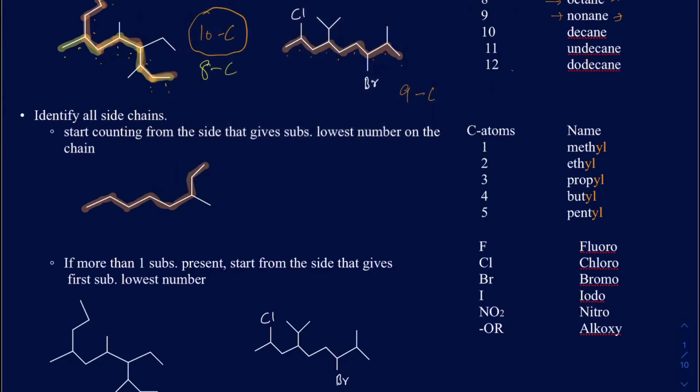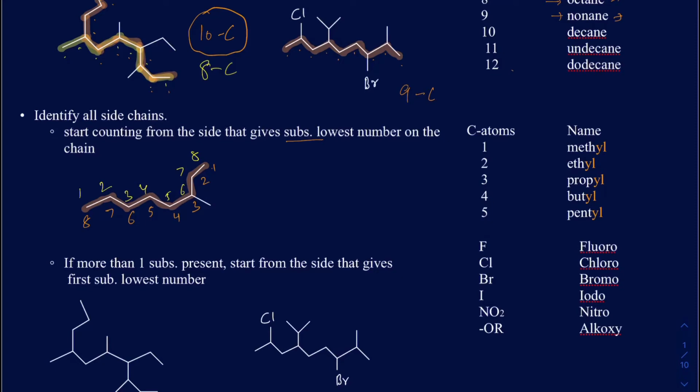If I do count it from the left side, it's going to be 1, 2, 3, 4, 5, 6, 7, and 8. And then if I count it from the right side, it's going to be 1, 2, 3, 4, 5, 6, 7, 8. And your tendency is going to be you want to make sure you start from the side where your substituent on the chain gets the lowest number possible.